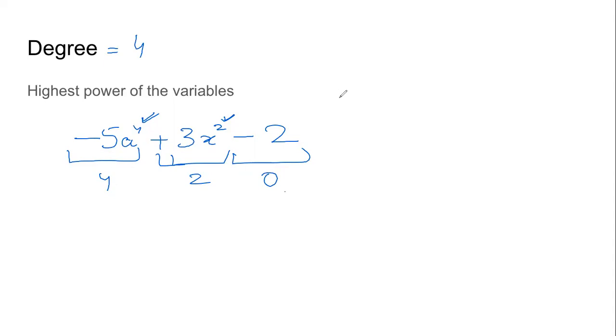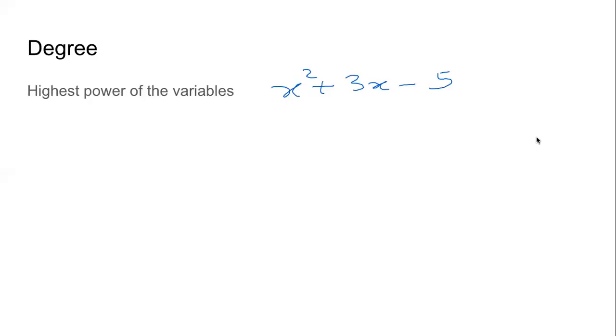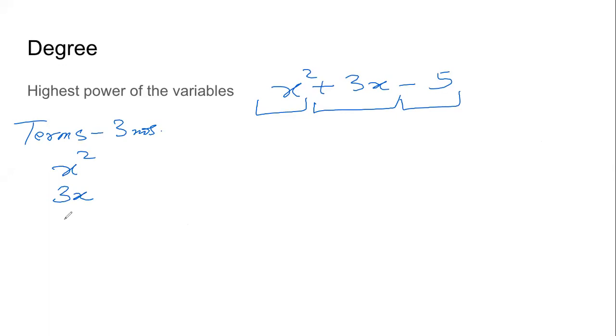It should be clear now for everyone. This is the polynomial I had given you before the class yesterday. How many terms are there? I asked. First term, second term, third term. So terms, how many? 3. What are the terms? The terms are x square, 3x and minus 5. What are the coefficients?